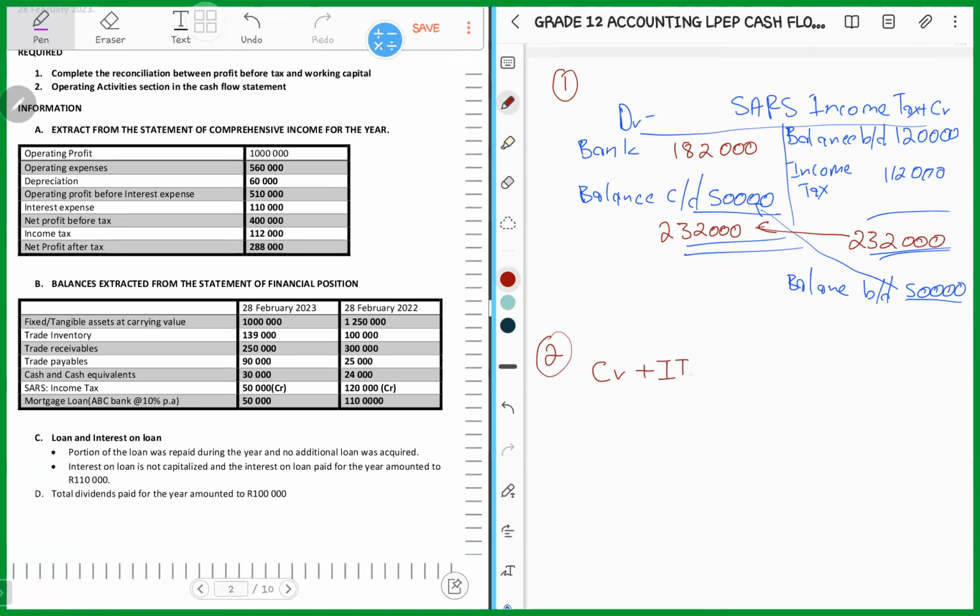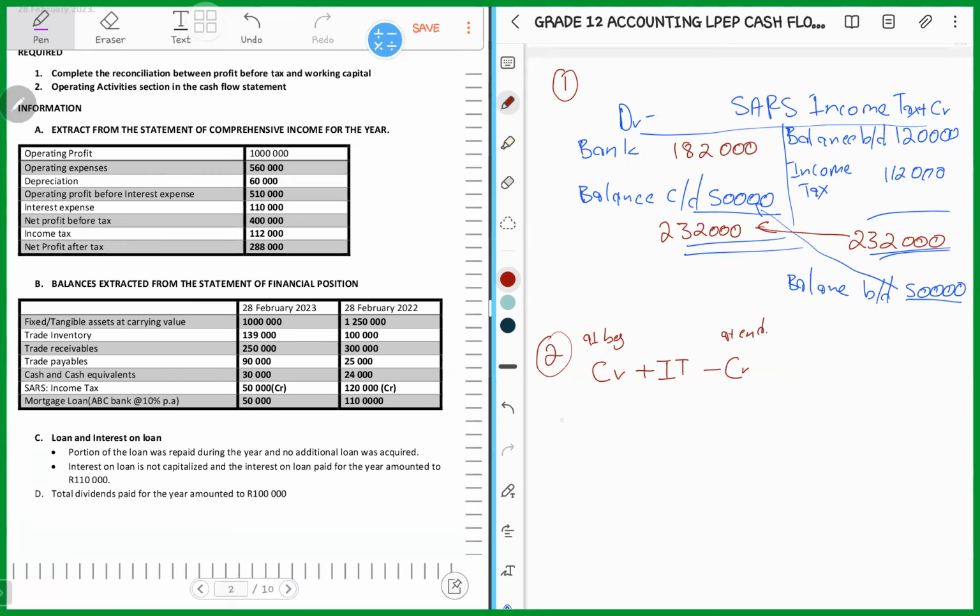Then, if the closing balance, or the balance at the end of the financial year, says credit, you're going to say minus credit. So this one is at the beginning, then this one is at the end.